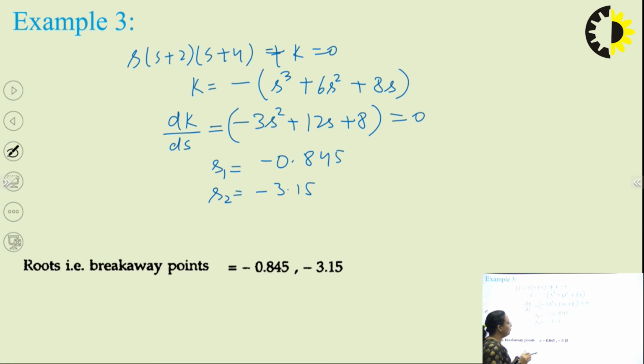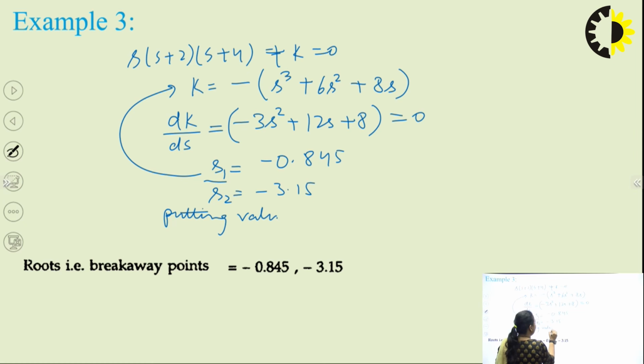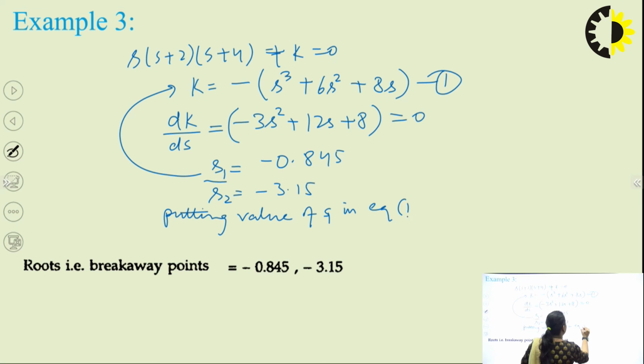So what I have to do is put the value of s1 in equation 1, and I'll get k either positive or negative. I just have to determine whether it is positive or negative.